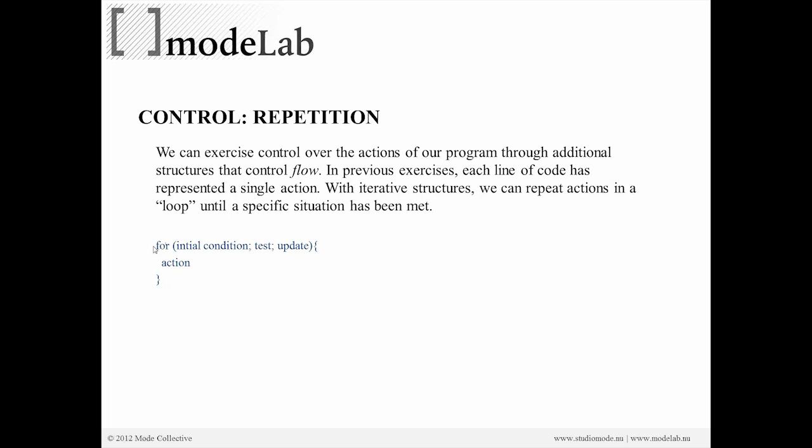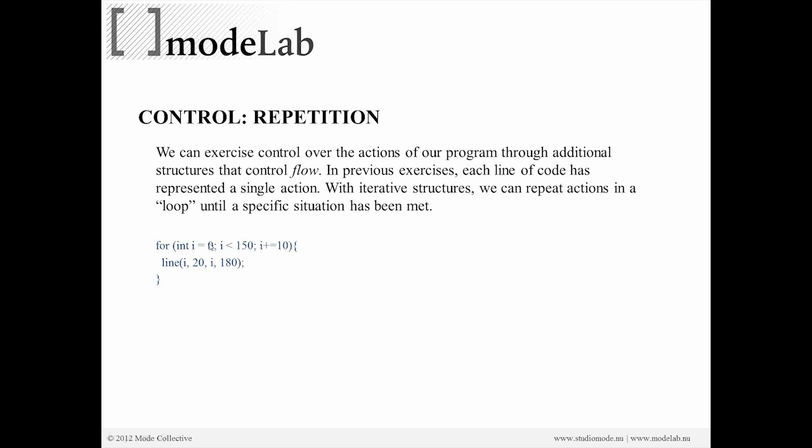If we're using a for loop, for an initial condition, until a certain condition is met, do this action, and each time update the condition that we're testing for. All right. So if we were to actually type that out in a particular example, for integer i equal to 0, so that's a starting condition, while i is less than 150, do this action, and once complete, increment i by 10.